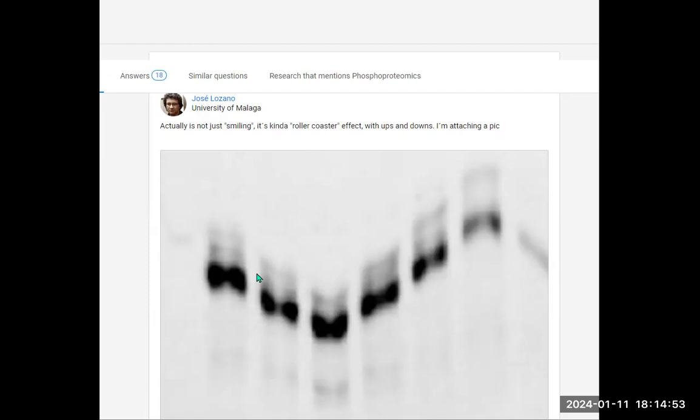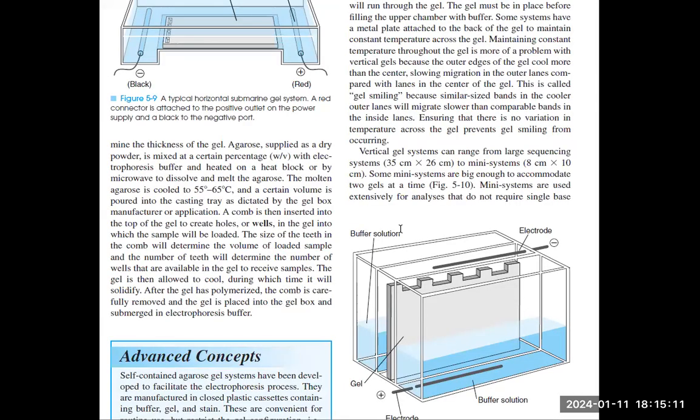But actually, they should be on the same line, at the same level. But here we have gel smiling. According to the scientists, it's a roller coaster effect, but just use gel smiling for our case, guys. So that's gel smiling, and it happens only in our PAGE electrophoresis, because of temperature variations, okay?